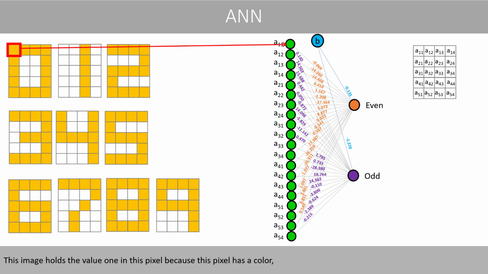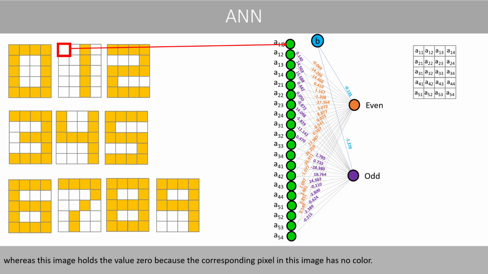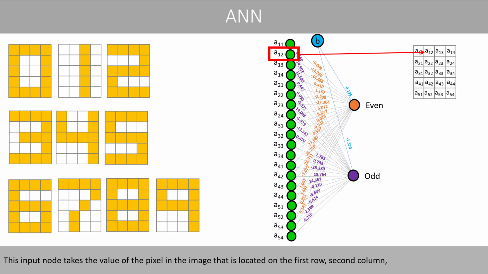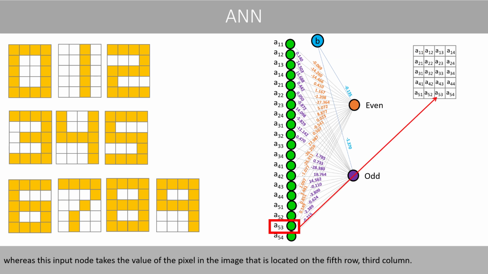This image holds the value 1 in this pixel because this pixel has a color, whereas this image holds the value 0 because the corresponding pixel in this image has no color. This input node takes the value of the pixel in the image that is located on the first row, second column, whereas this input node takes the value of the pixel in the image that is located on the 5th row, third column.